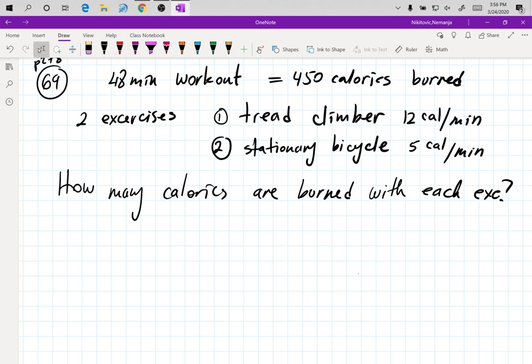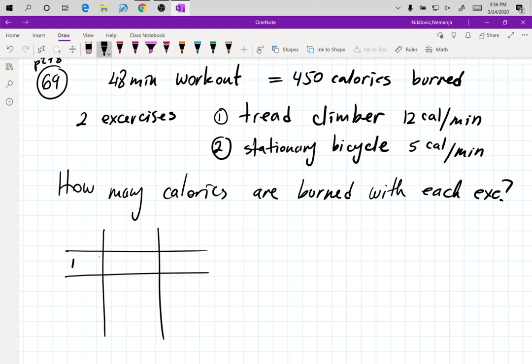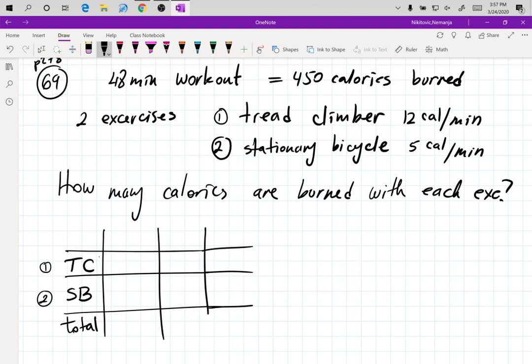So we're going to set up a chart like this, where we're going to have tread climber, that's exercise 1, and then stationary bicycle, and then we have a total column here. Why am I writing a chart? You don't actually have to.